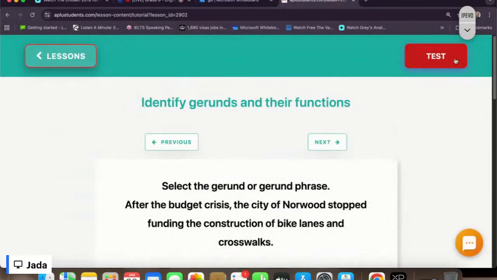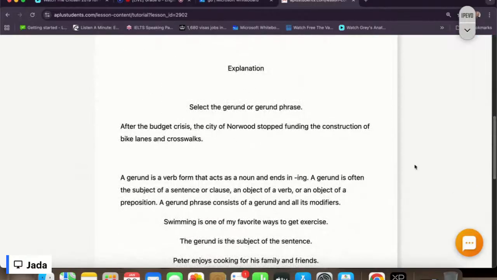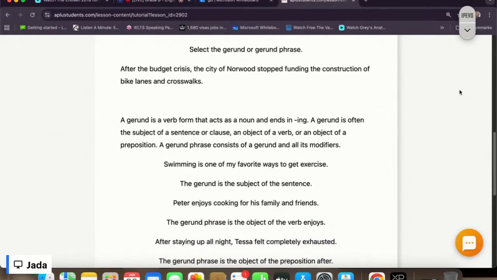Now we have identifying gerunds and their functions. So a gerund is a verb form that acts as a noun and ends in -ing.